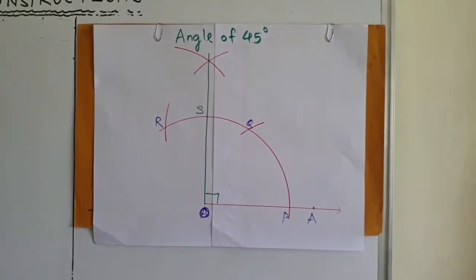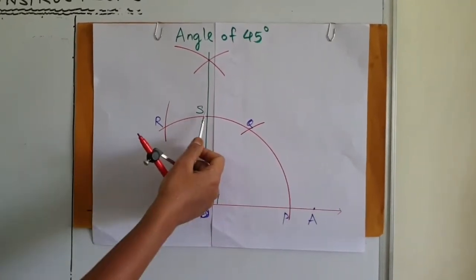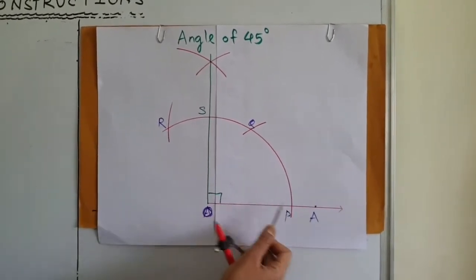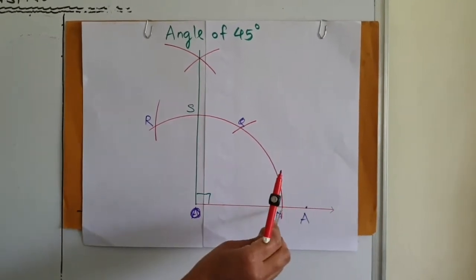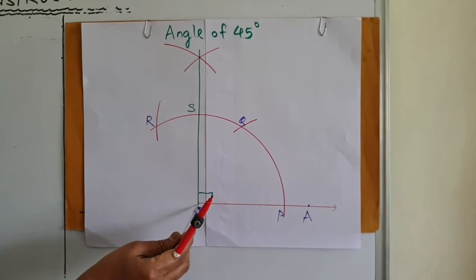So now we want to draw the angle bisector of angle SOP or SOA. So now you know the same method from here, or you know how to draw an angle bisector.